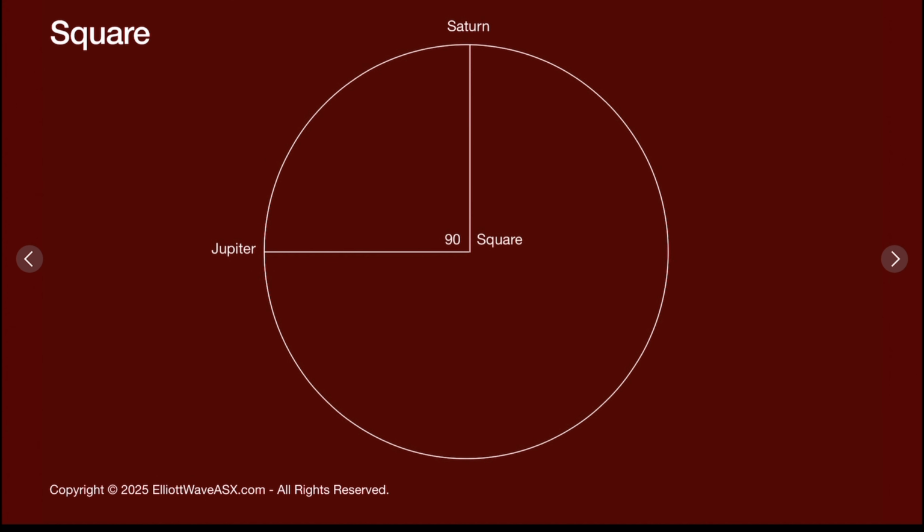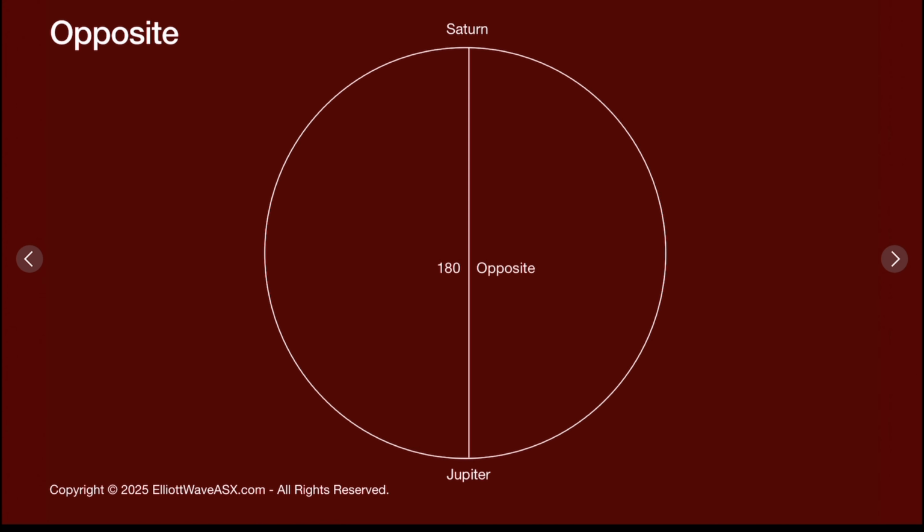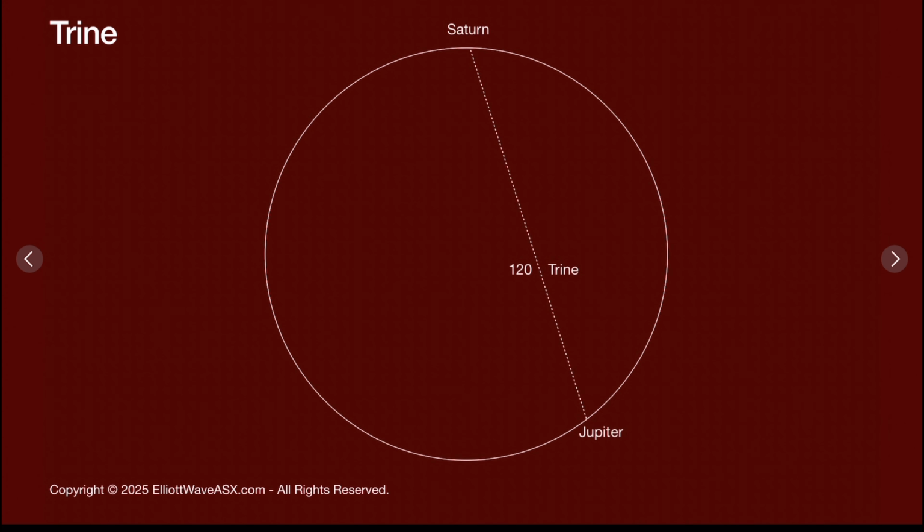When they're at 90 degrees, they're square. When they're at 180 degrees, they're opposite. And when they're 120 degrees apart, it's called a trine. Now there are of course other angles, but these are considered the most important in Gann's work.